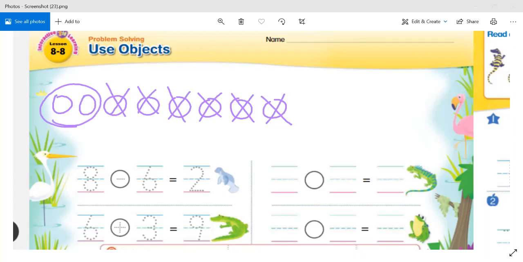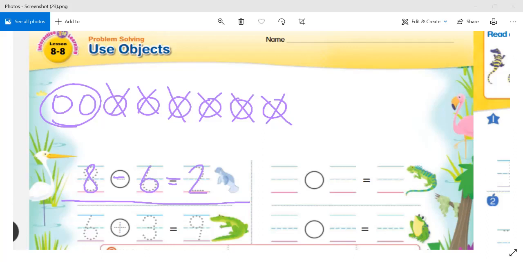So this sentence down here tells the subtraction story about manatees. What sign do we use to show subtraction? A minus sign. So let's trace 8 minus 6 equals 2. So there are 2 manatees left.